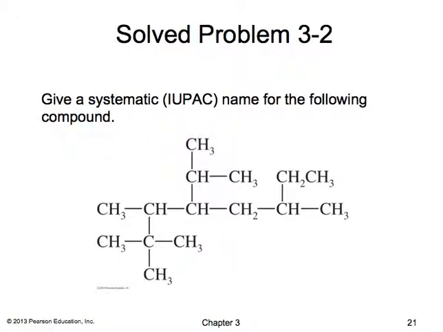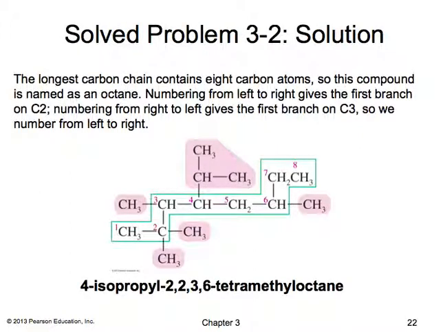So let's do a problem. Give the IUPAC name for the following compound shown here. So what do we do? The first thing that you want to do is identify the longest carbon chain. And when you identify the longest carbon chain, as you've done multiple times, you see that this becomes your longest carbon chain, which is an 8-mer or octane.